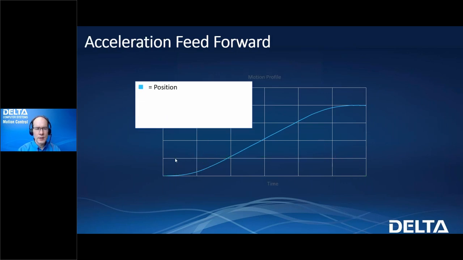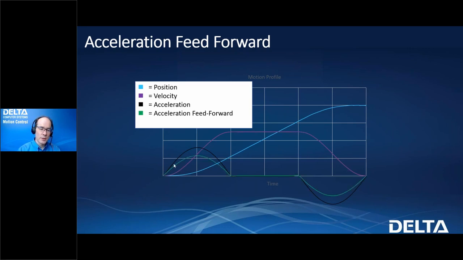And we also have acceleration feed forwards. So similarly to the position move with the target velocity, we can see the target acceleration is positive at the beginning of the move, negative at the end of the move. And with the acceleration feed forward we have a proportional control output that it adds at the beginning of the move, and at the end of the move it removes some.